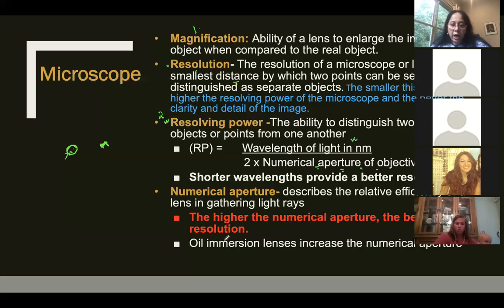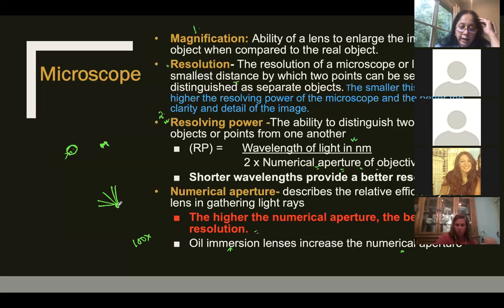Oh, so the higher the numerical aperture, the better the resolution. Now in lab, with a 100x objective lens, we actually use immersion oil to increase the numerical aperture. Numerical aperture means the capacity to gather all the light rays.